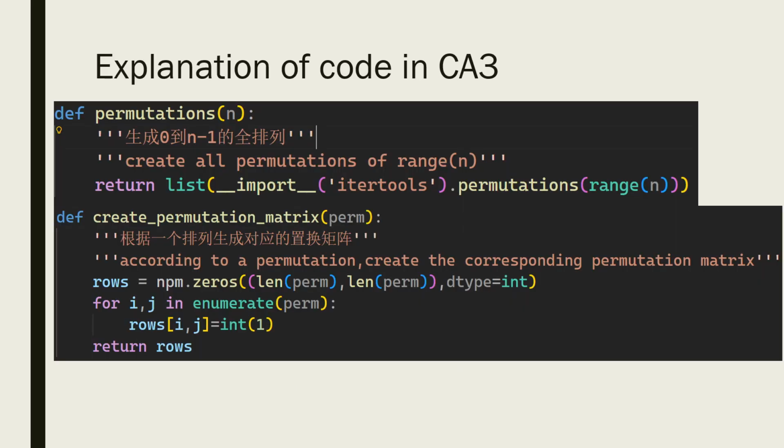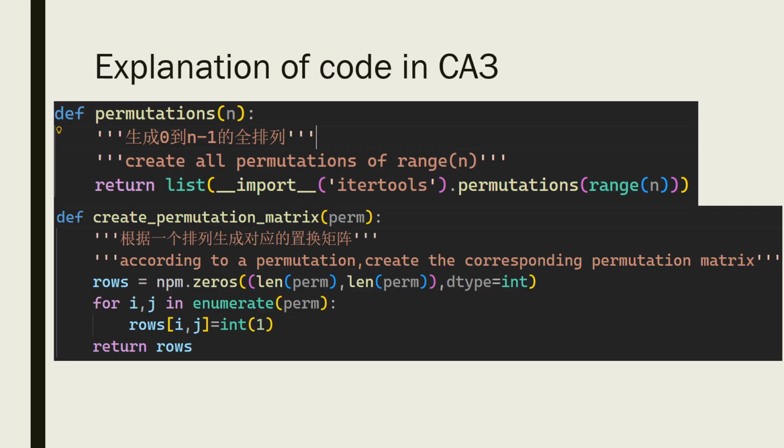Let me walk you through the several functions. First, we have the permutation function. This acts as our generator. It uses the standard Python itertools library to create every possible ordering of numbers from 0 to n-1. This gives us the raw data for all possible permutations.